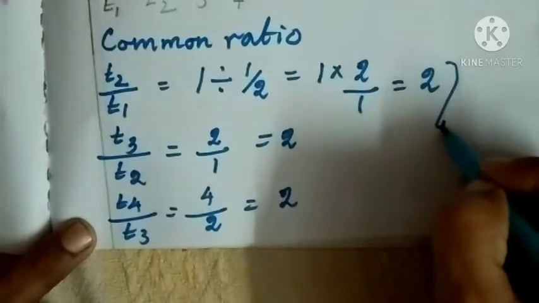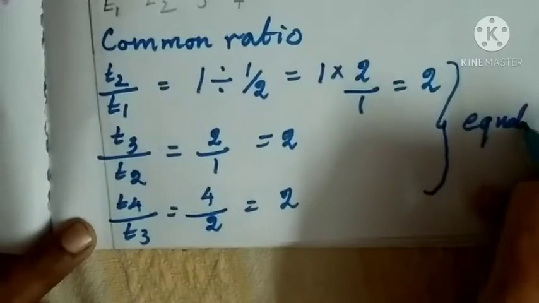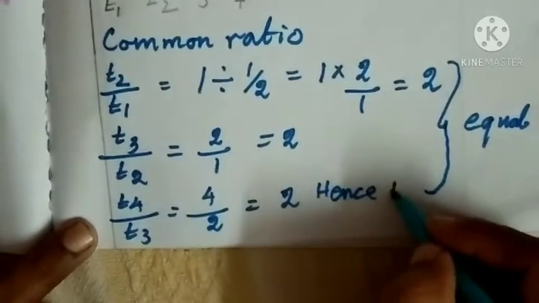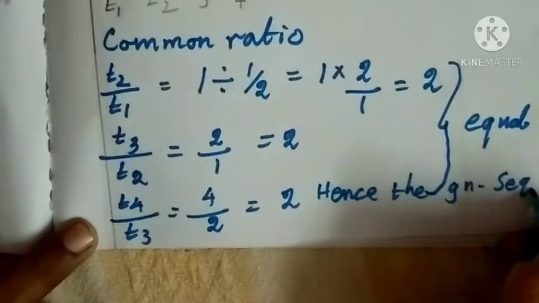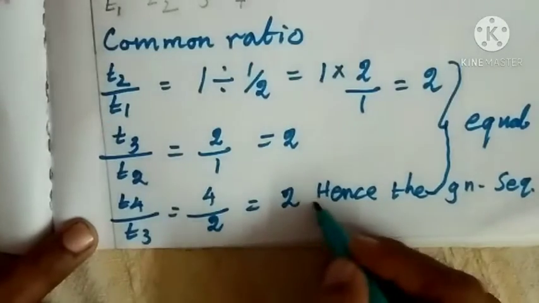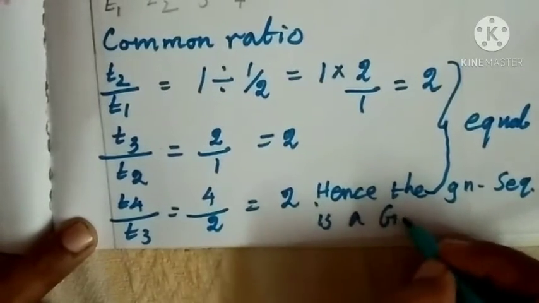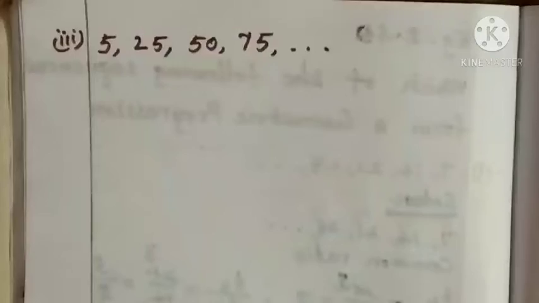Here the common ratios are equal. Hence, the given sequence is a GP. This is the answer for this subdivision.